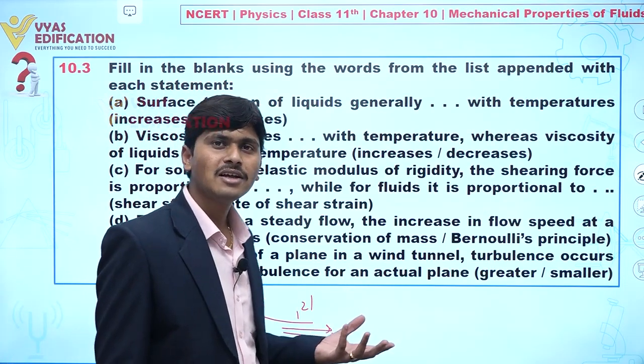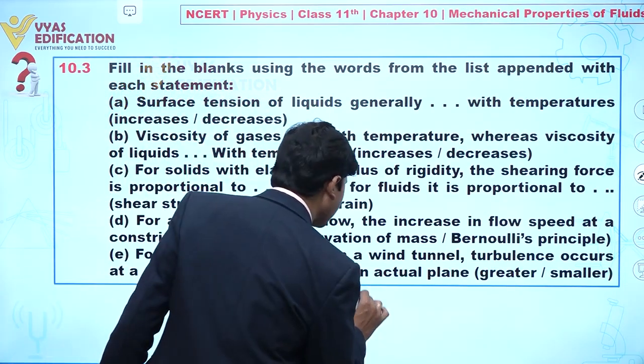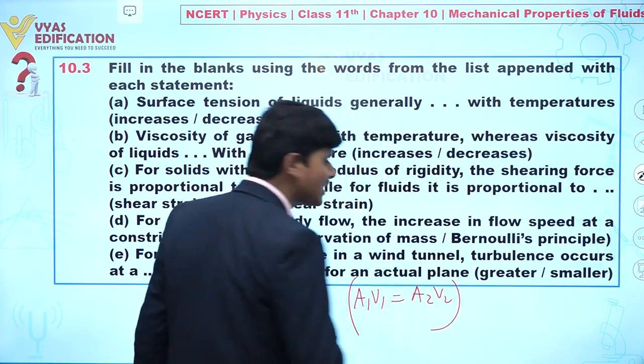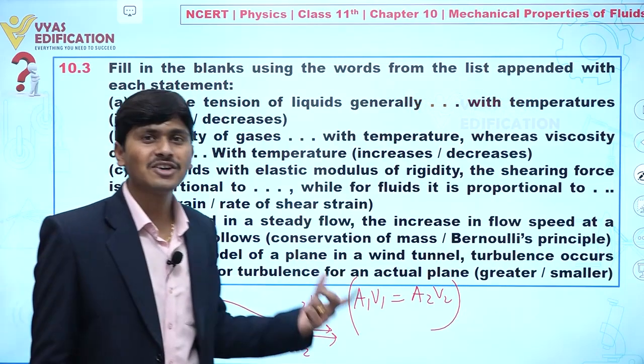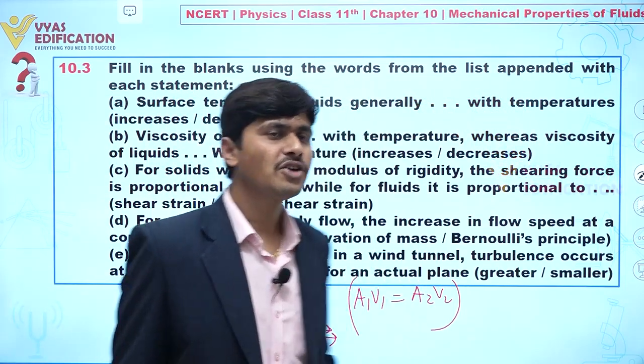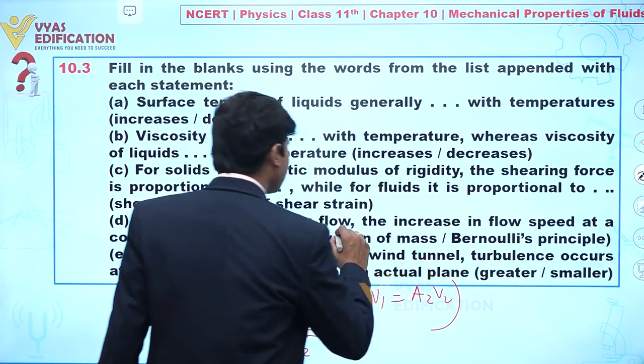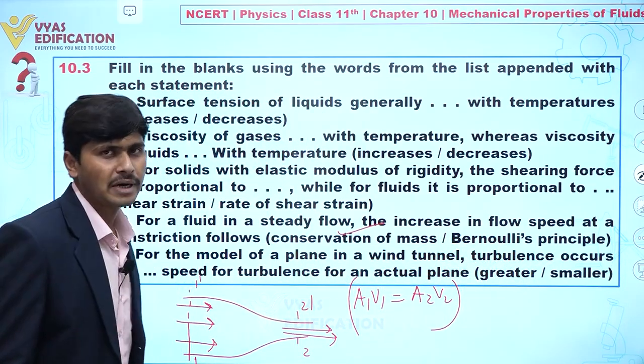According to conservation of mass, A1 V1 equals A2 V2, or you can apply the equation of continuity. So the equation of continuity follows conservation of mass. Definitely in this question the answer is conservation of mass.